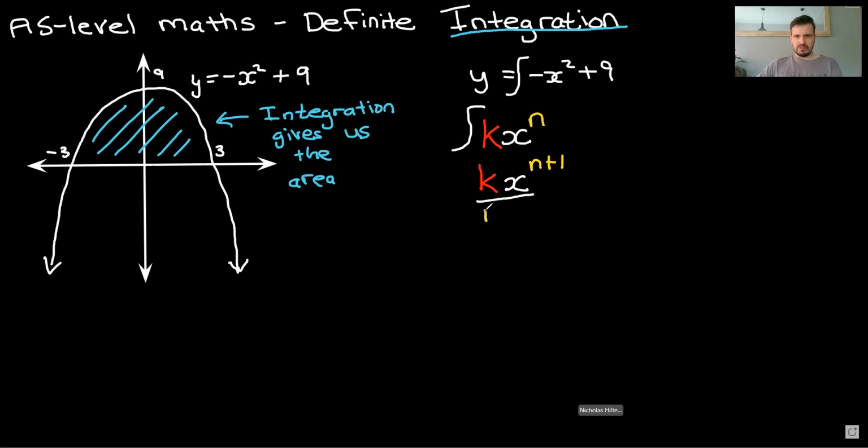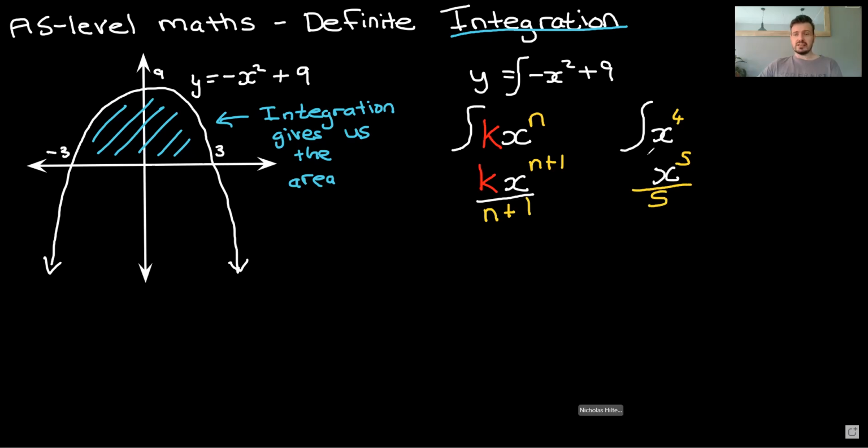Now, formulas are often confusing to look at, so let's do a practical one. Let's say that we had x to the 4. We would add 1 to the 4, so that becomes 5. Then we would divide by that 5.